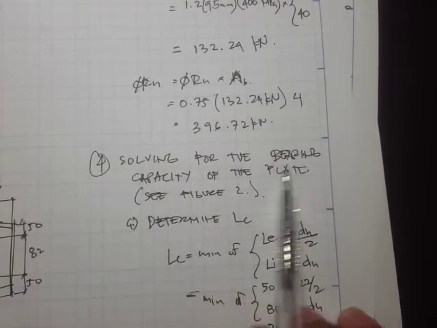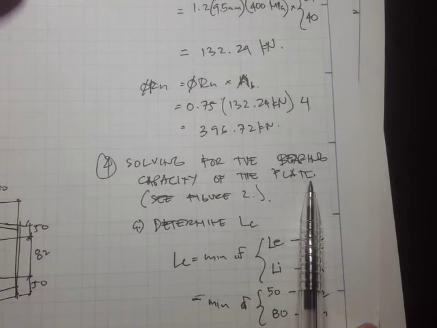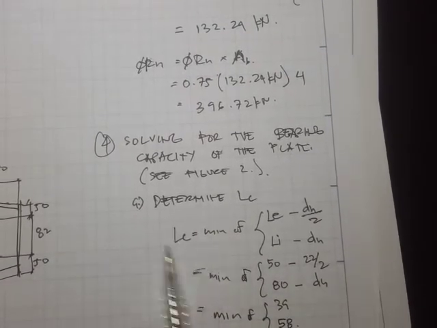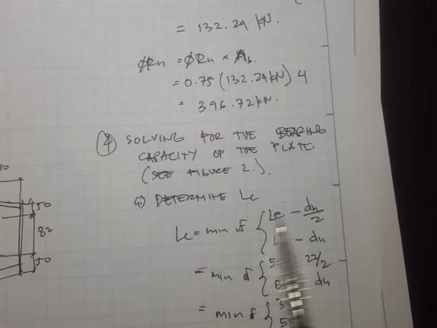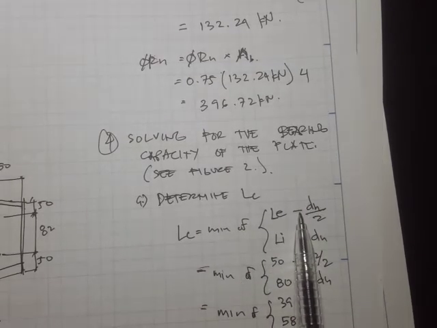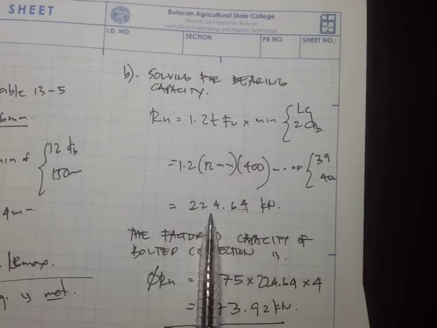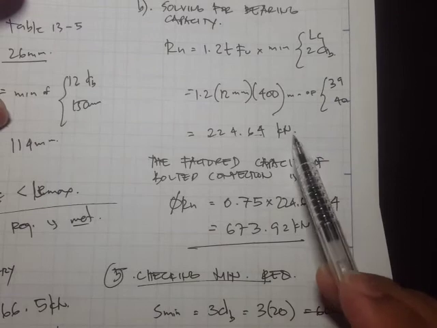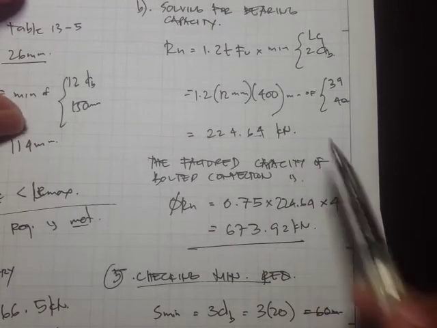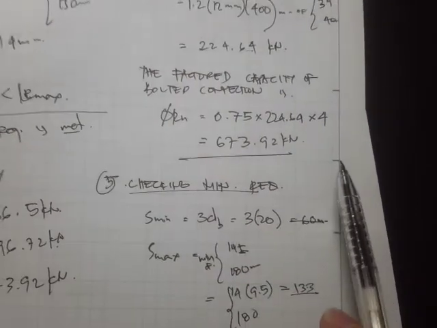The next step is to solve for the bearing capacity of the plate, and we did the same procedure, and we solve for this clear distance. And once we have obtained the clear distance, then we can actually solve for the bearing capacity. That's 22.64, and if we multiply that to the number of bolts and the reduction factor, then we get 673.92.